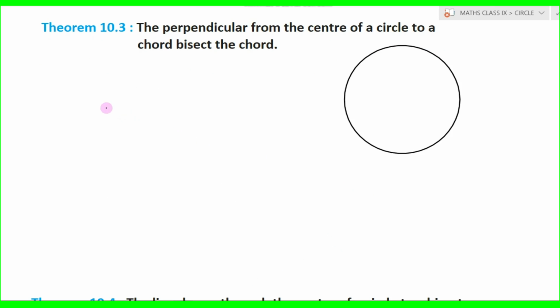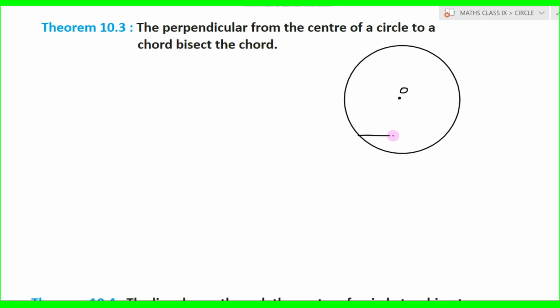Now the third theorem. The perpendicular from the center of a circle to a chord bisects the chord. So here you are taking a circle with center O, and the question is the perpendicular from the center of a circle to the chord, meaning there is a chord given.